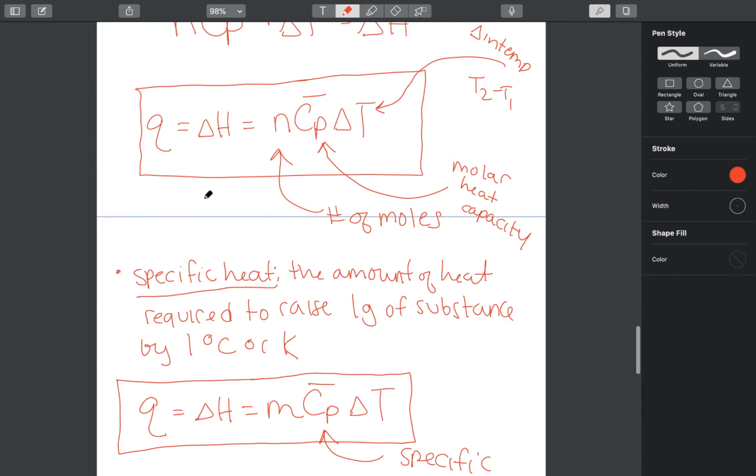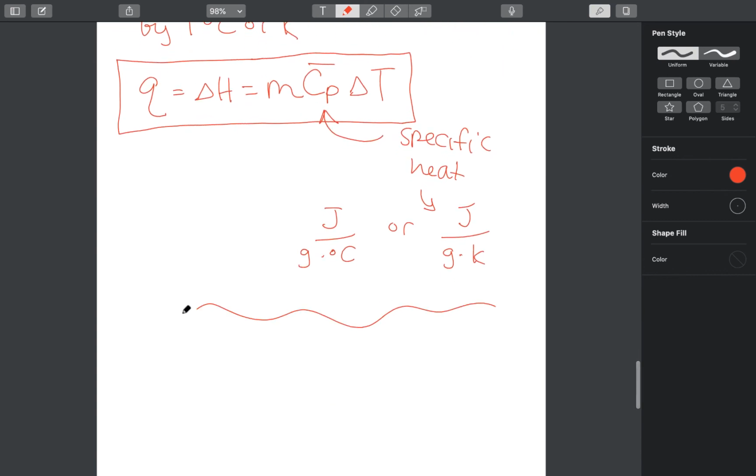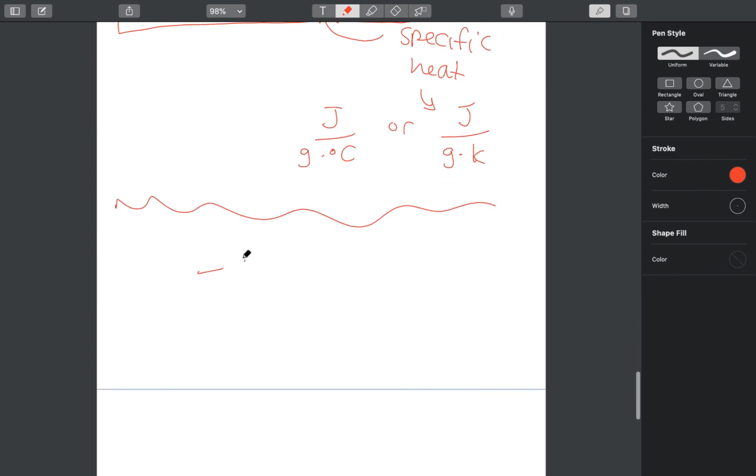So now, since we showed how to get these equations, let's apply it to the equation that we started with. Remember, we said that negative Q of the reaction is equal to Q of water.